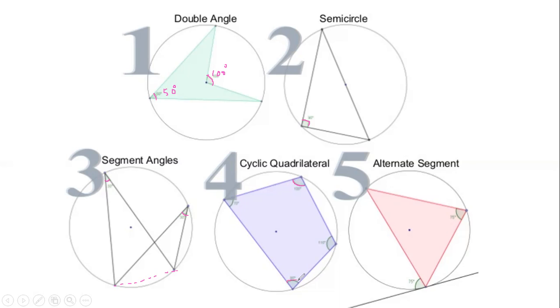That's why this angle and this one add up to 180 degrees, and also this angle here and this one also add up to 180 degrees. Then alternate segment, according to that property, this angle here should be equivalent to this one, when this one here is what we call the tangent to the circle, and this is the point of tangency.